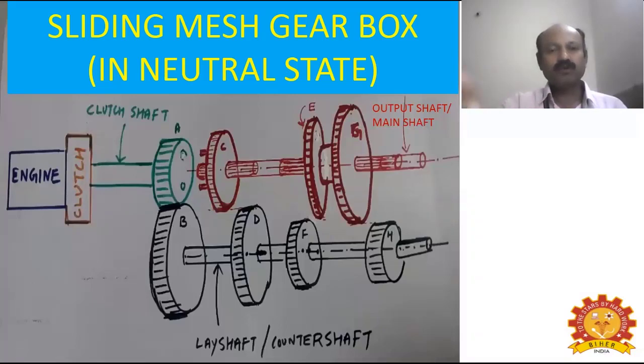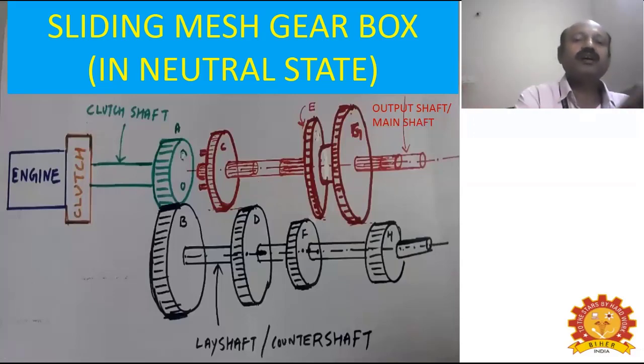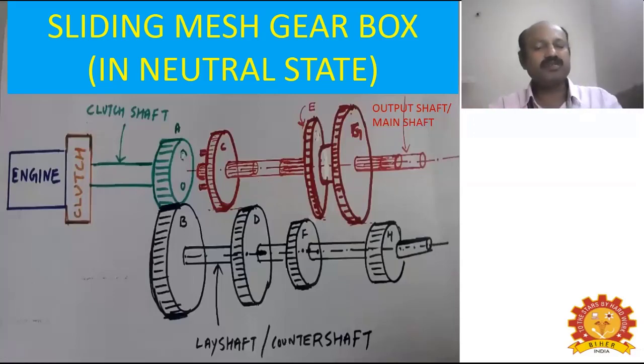Now similarly, when you engage the second gear, after the vehicle has started moving and you want to increase the speed, the driver shifts to second gear. In this 4-speed gearbox, when the driver puts the second gear, the gear is shifted towards the left side.